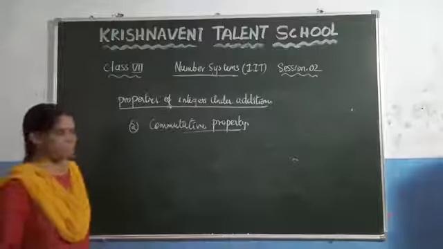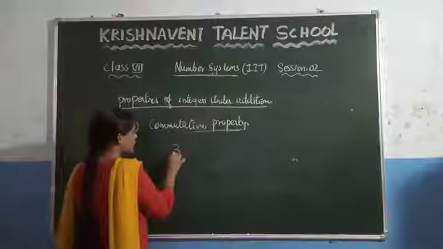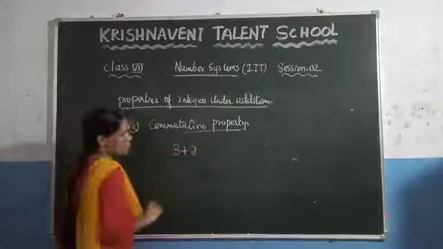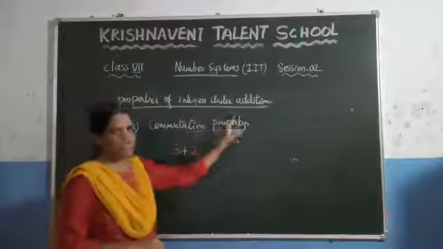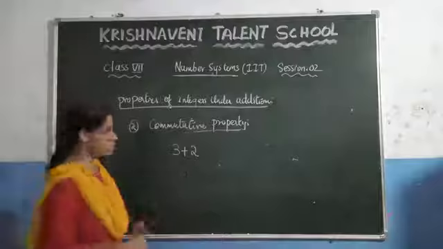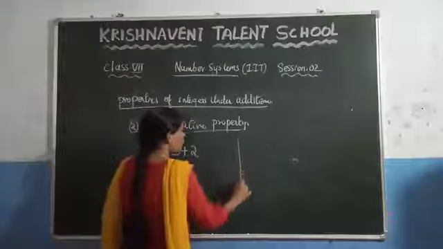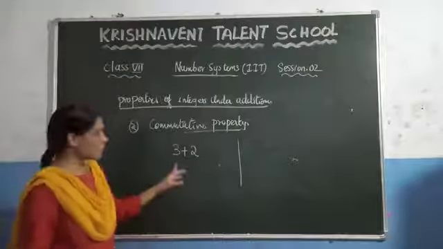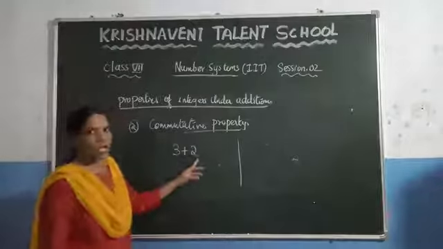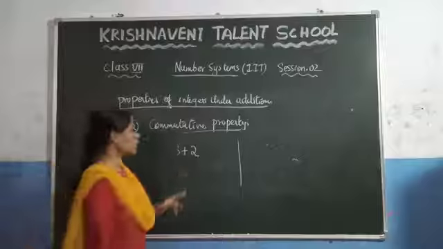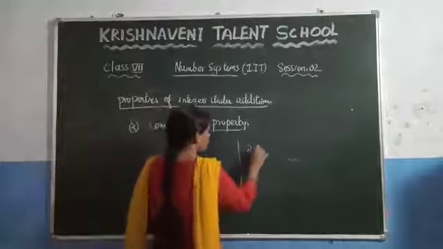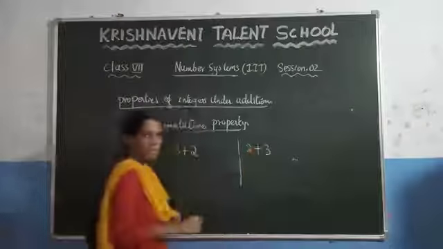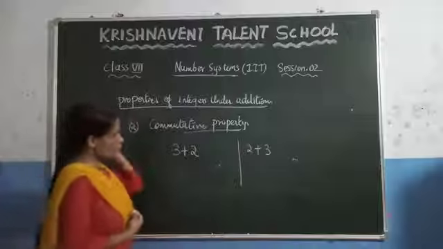That means you need to consider two integers. Let us consider 3 plus 2. Since we are talking about addition, we took the operation addition. In the commutative property we need to change the order. Here we took 3 plus 2. After changing this, you need to write 2 plus 3. Now you need to check both of the results.